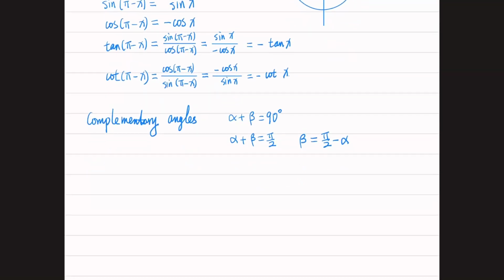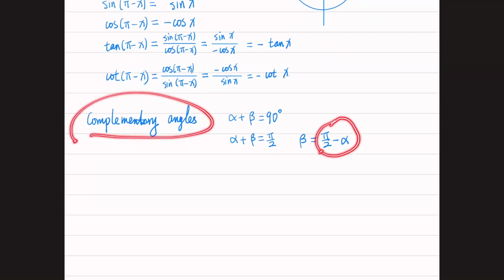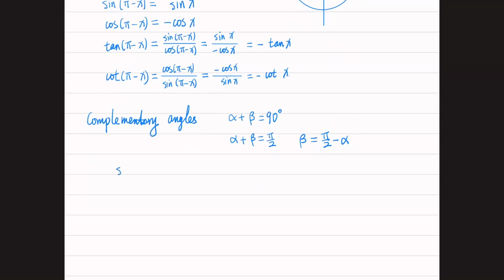Okay, so we use this to represent a complementary angle. Okay, now the formulas. Think about it.